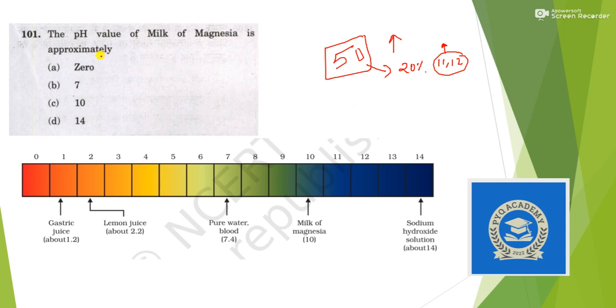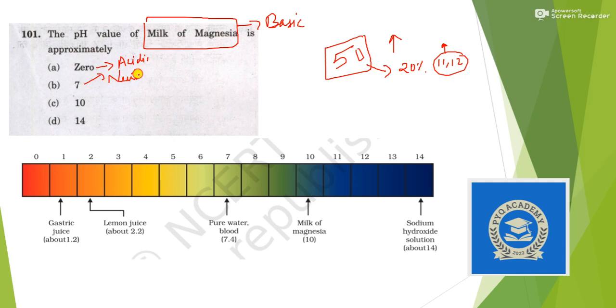The pH value of milk of magnesia is approximately. Suppose you haven't gone through this picture, so if you have to solve, then we all know that milk of magnesia is basic, basic in nature, so we will definitely eliminate these two options because one will be acidic and one will be neutral.